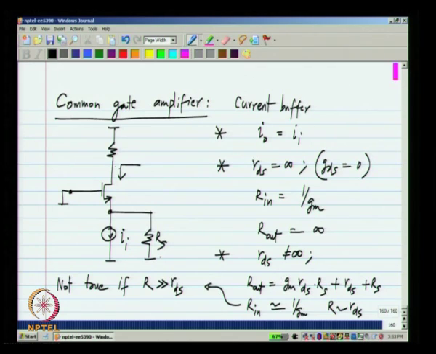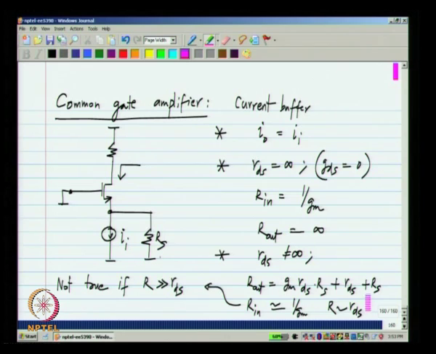So, we will not work out the exact expression, you can take it up as an exercise and please do that, but the result should be that when R is rather small and comparable to RDS, then Rin will be 1 by Gm, and when R is much more than that, it will not be equal to 1 by Gm, it will be some very high impedance. Okay.